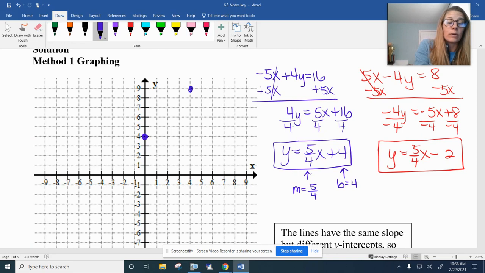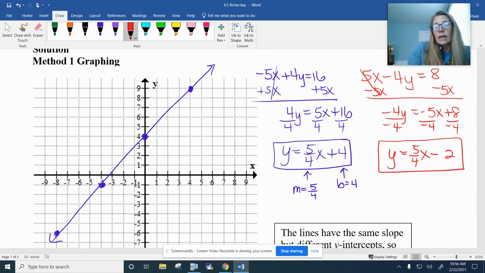Now, as always, if you run out of room to make points with your slope on your graph, you can go the exact opposite direction. So I could also go down 5 and 4 to the left if I need some more points to finish out that line. All right, so there is the graph of my first line.